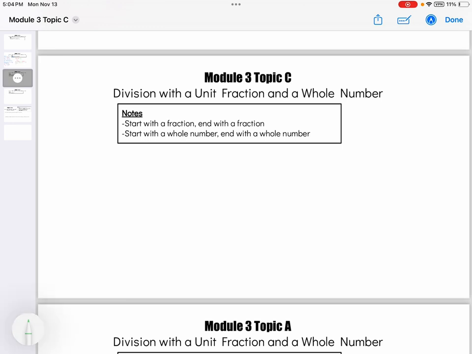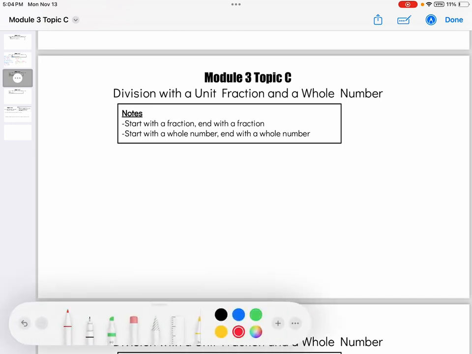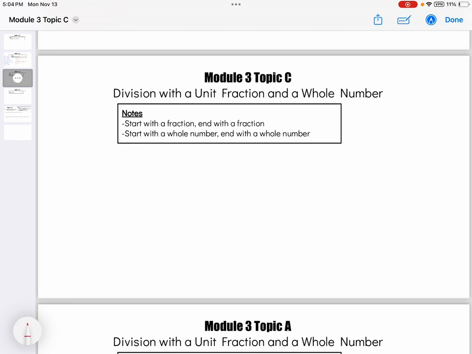So looking at this next slide, we do tell the kids that when you're dividing with a whole number and a fraction, if it starts with a fraction, it's going to end with a fraction. If it starts with a whole number, it's going to end with a whole number. For example, if I have 1/5 divided by 6, that's going to be 1/30. Start with a fraction, end with a fraction.